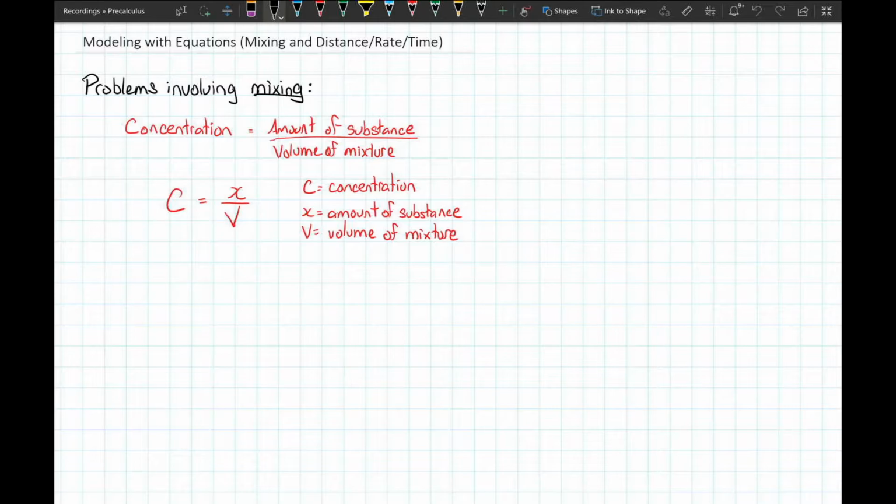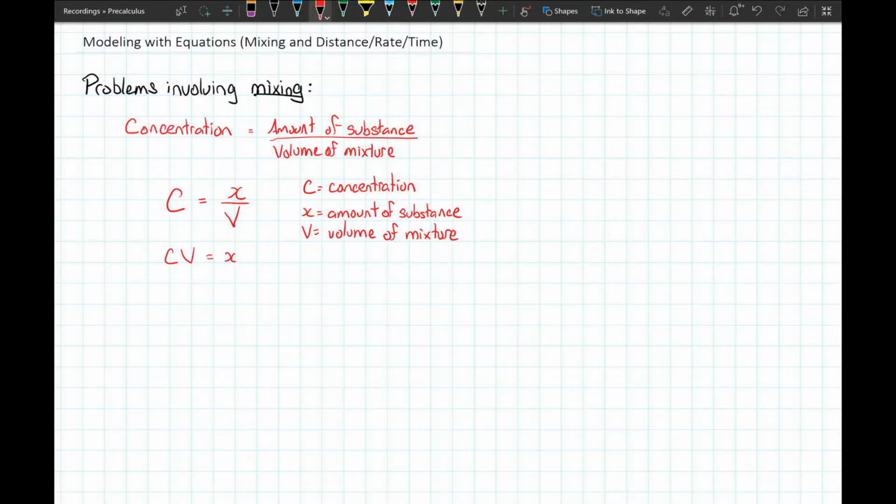Let's just say that the concentration is equal to some amount of a substance being put into a mixture divided by the total volume of that mixture. So C for concentration is equal to X for the amount of the substance divided by V, the volume of the mixture. And it is possible to rearrange this equation whenever we need to so that we can get concentration times volume is equal to the amount of the substance.